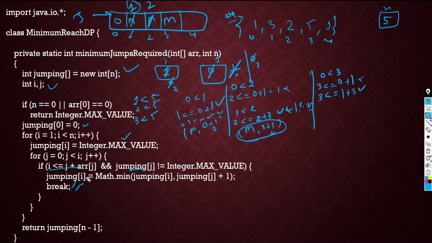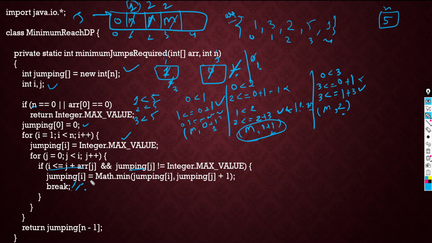No. So again, jumping of I, which is 3, we have to place over there. Currently I is maximum, and maximum comma jumping of j plus 1. Jumping of j is 1, plus 1, 2. Now you can place it over here as 2.